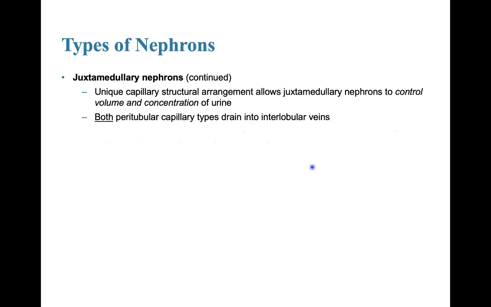This particular capillary is unique because of the structural arrangement that allows the juxtamedullary nephrons to control the volume and the concentration of urine. This type of nephron is really used when an individual is dehydrated.